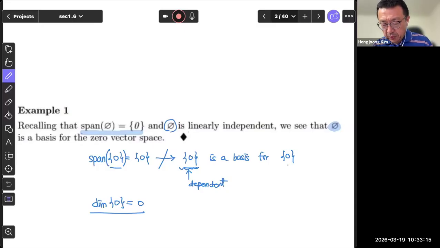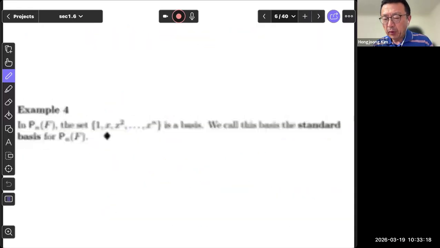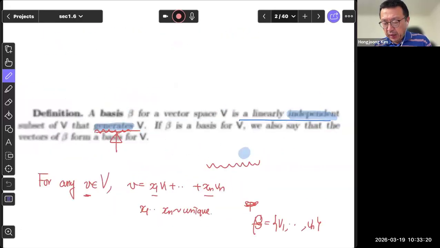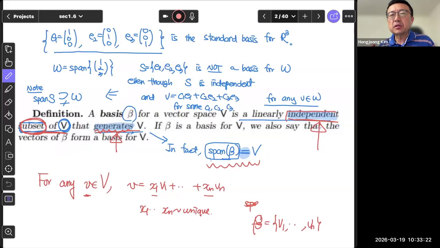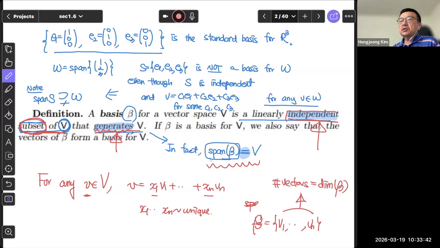We considered some examples the other day, and if beta consists of n vectors, then the number of vectors in this beta was called the dimension.